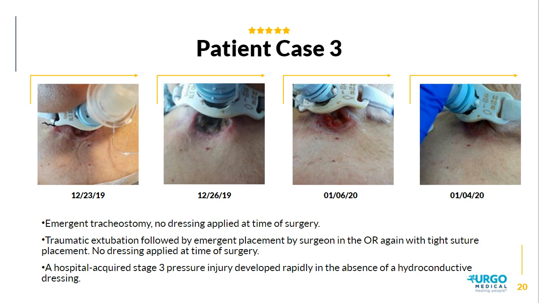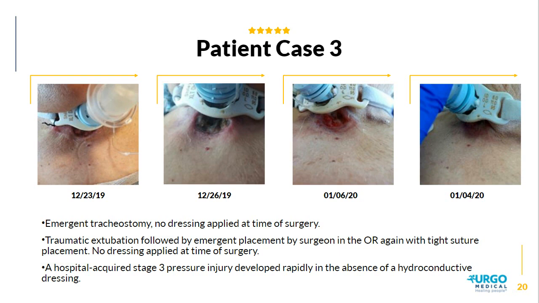On the 23rd, just a couple days later, the patient was discovered to have developed a hospital-acquired device-related stage 3 pressure injury secondary to the tracheostomy. And that was because the Drawtex was actually not placed underneath that tracheostomy. The tracheostomy was so tight that even a split gauze wouldn't fit. The ENT was contacted and sutures were removed at that time.